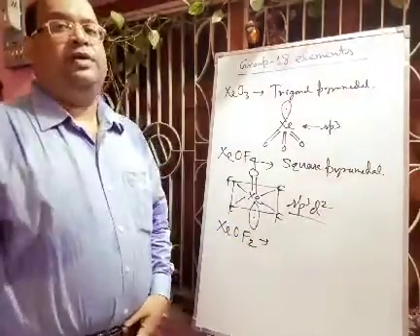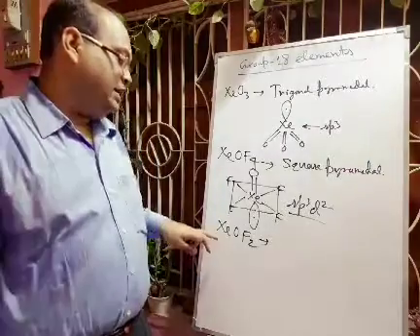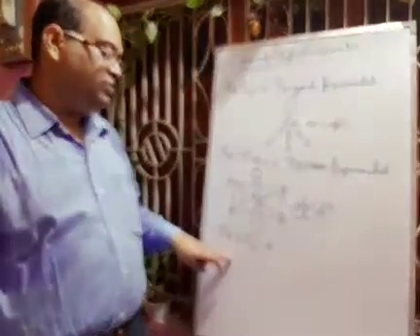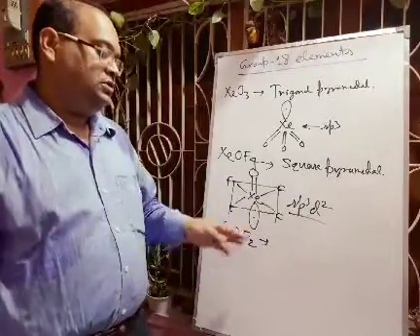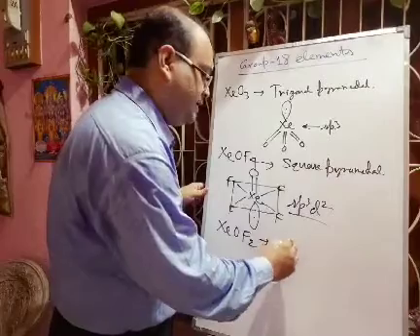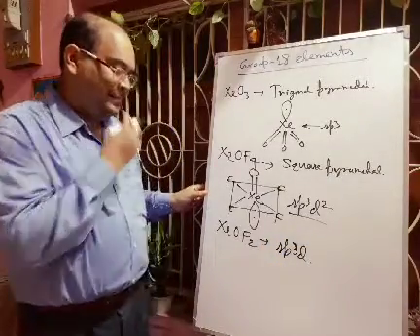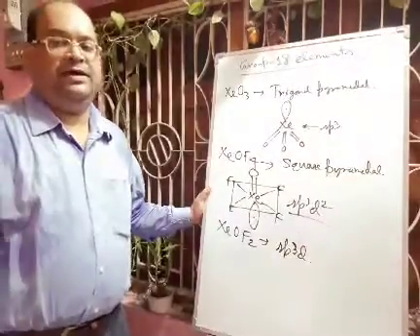So XeOF2, if you look at that 8 plus 2, that means 10 divided by 2, that means 5 hybrid orbitals. So definitely it will be sp3d hybridization. So here it will be T-shaped.